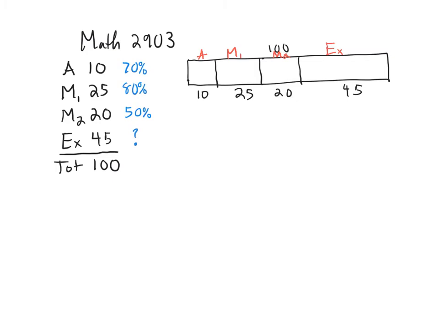We have this fictitious student. The fictitious student got 70% overall on the assignments, which are worth 10 points, 80% on their better midterm, 50% on the other midterm, and they don't know what they have on the final exam because they didn't write it yet. And let's say their target grade, just to pick a grade, is a 70%. What do they need on the final to obtain a 70%?